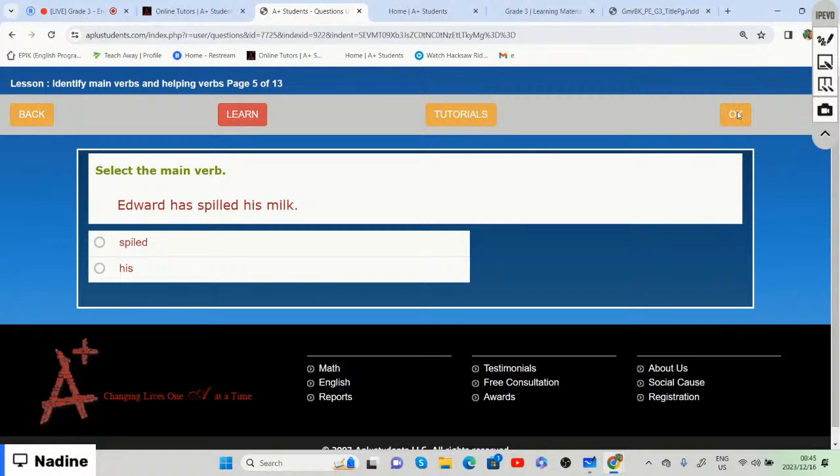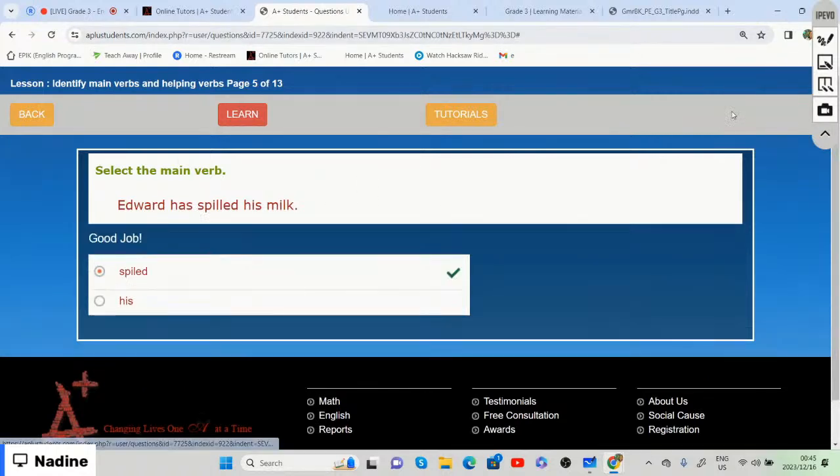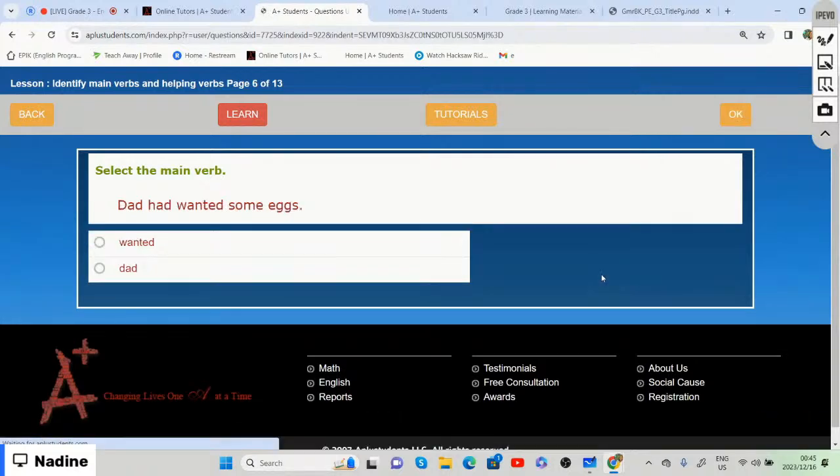And if we select the main verb, we will select spilled. And spilled is correct. So well done.